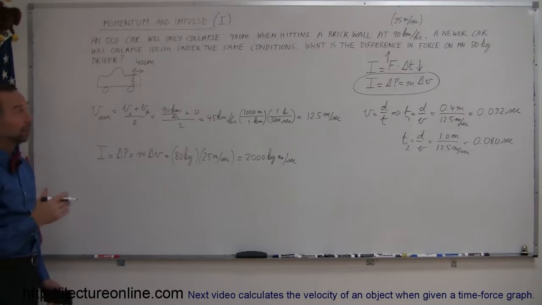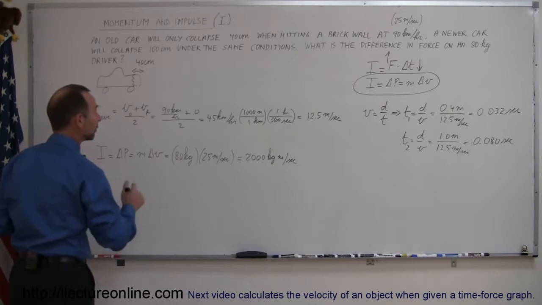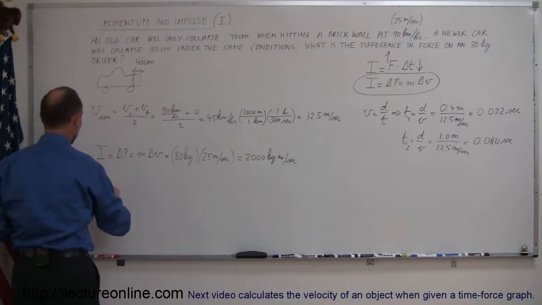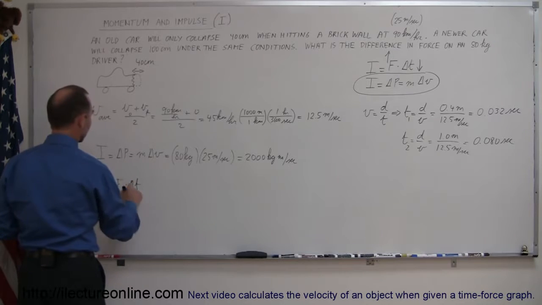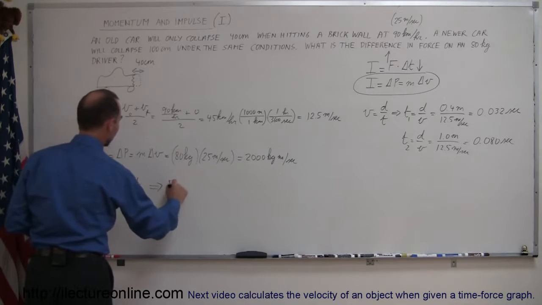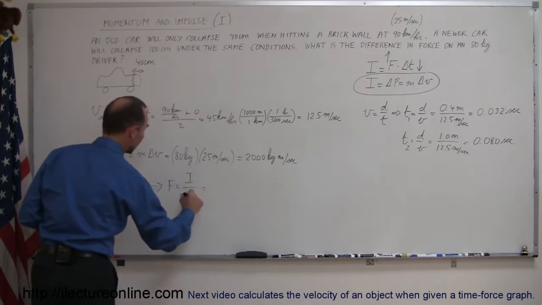If we now want to figure out how much force is involved in this collision, the force on the driver slowing him down, we use the other equation. Impulse is equal to force times the change in time. So we can solve this equation for force. The force is equal to the impulse divided by the amount of time that the collision took.